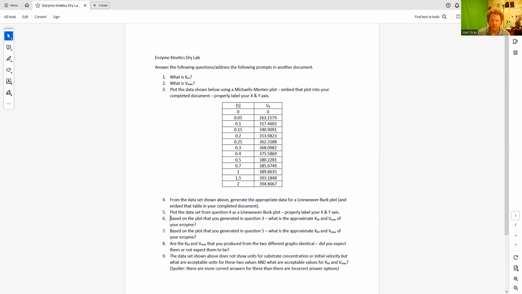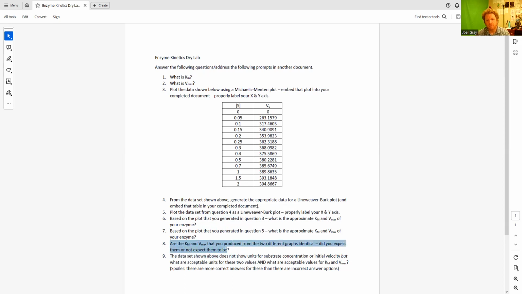Number 6 is based on the plot that you generated in question number 3. What is the approximate Km and Vmax of your enzyme? Number 7, based on your Lineweaver-Burk plot, what is your Km and Vmax? And then number 8 is, are those Km and Vmax values that you prepared from the 2 different graphs identical?